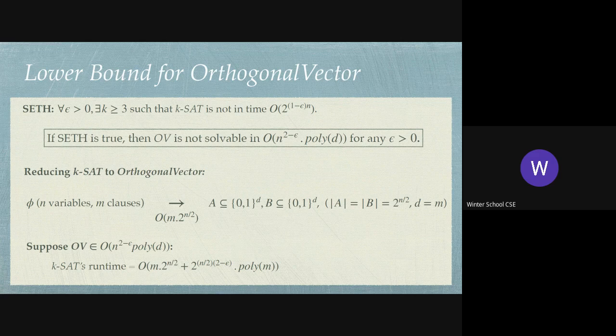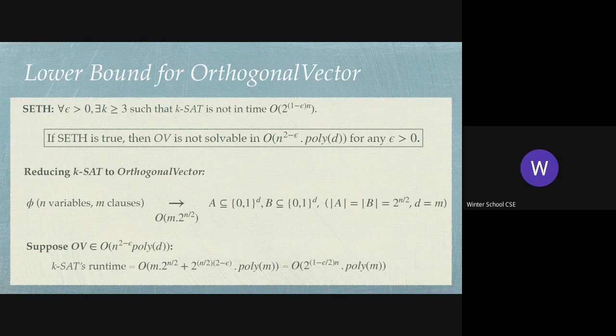Fine. So we can drop the first term here, m multiplied by 2 to the n by 2. And we just multiply the powers, n by 2 and 2 minus epsilon, and get that, right? Now what is m?